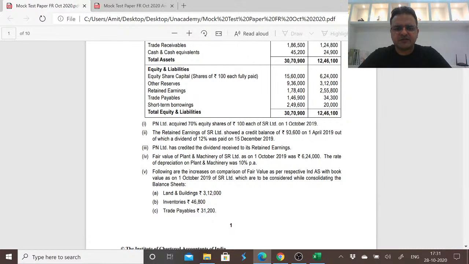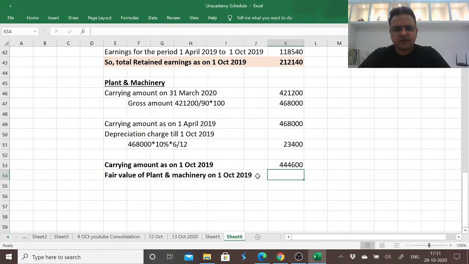The rate of depreciation is 10%. 624,000 is the fair value on the date of acquisition. So fair value increase is equal to 624,000 minus 444,600. 179,400 is the fair value increase.